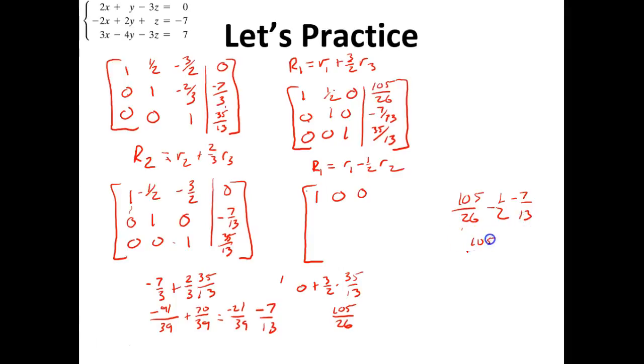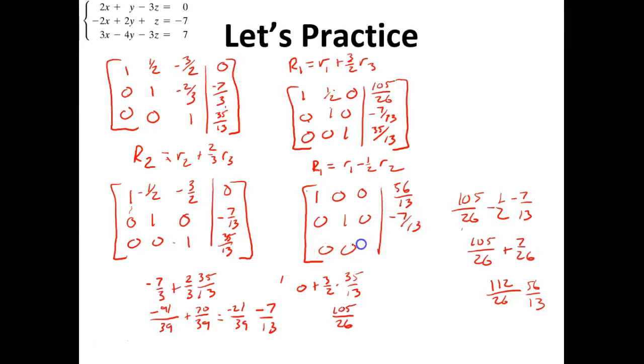So 105 over 26 plus 7 over 26, which is 112 over 26. That should simplify because they're both even. So I see this as 56 over 13. Second row is not changing, 0, 1, 0, negative 7 over 13. Last row, 0, 0, 1, 35 over 13.